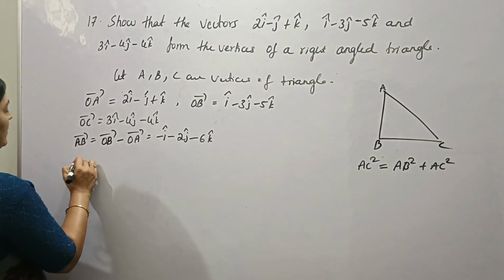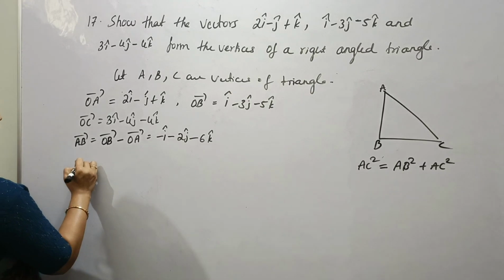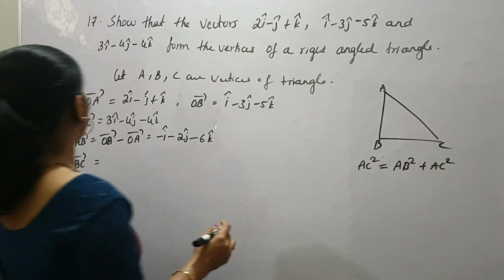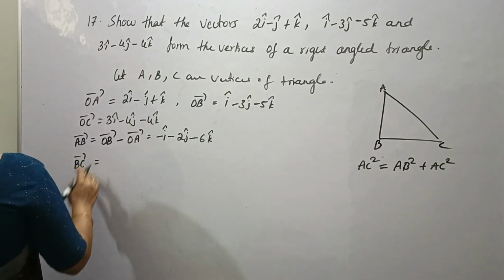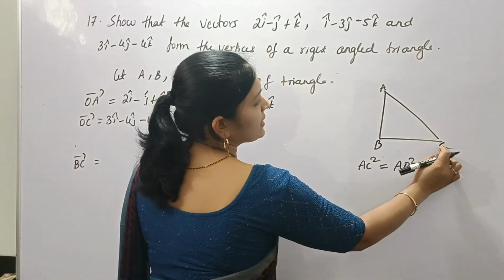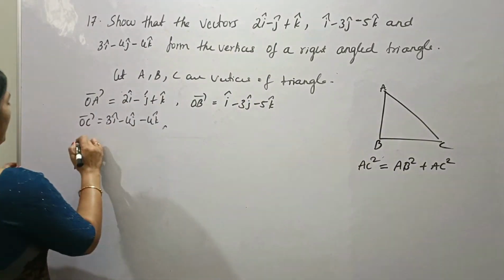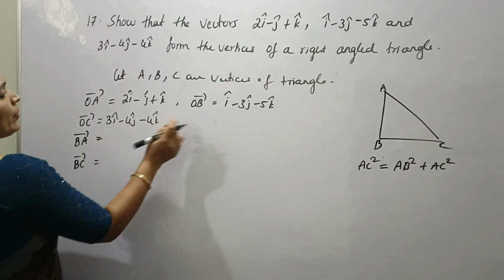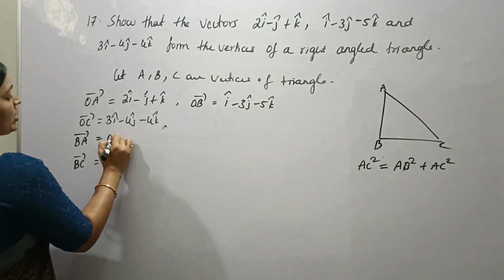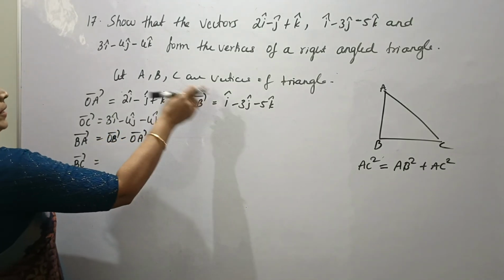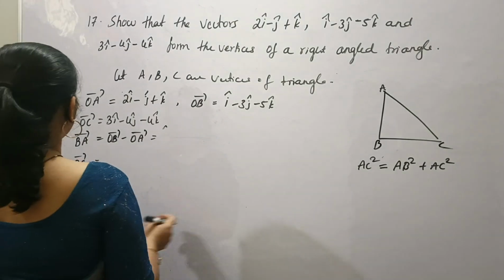Next, sorry, here we need vector BA, then vector BC, then vector CA. Vector BA is equal to vector OA minus vector OB.